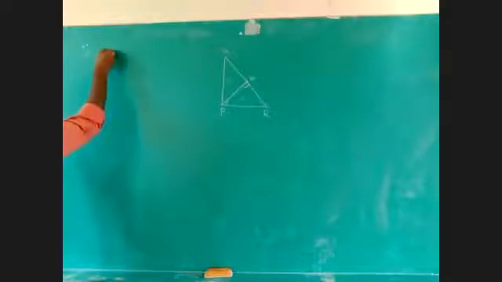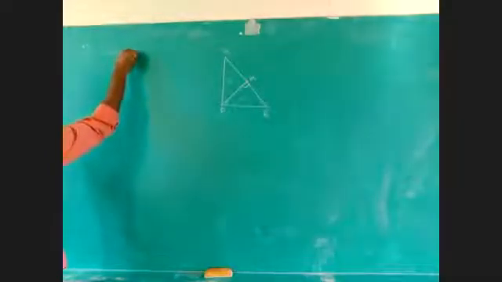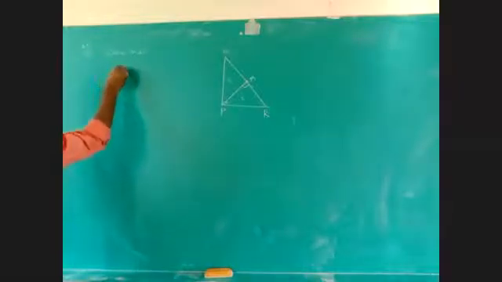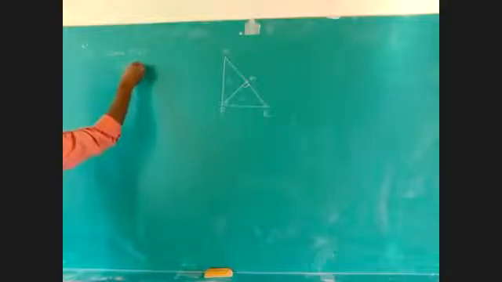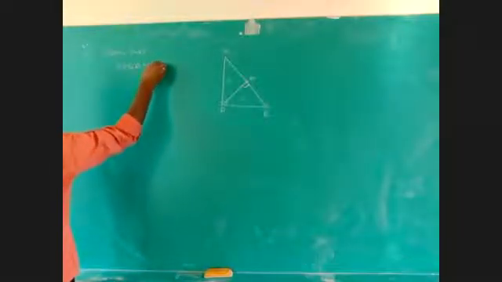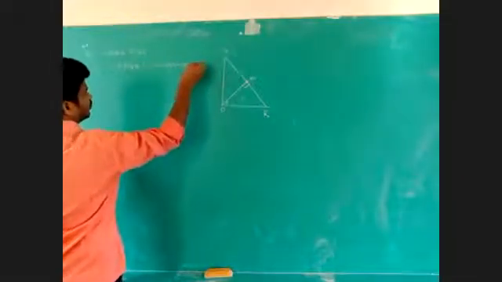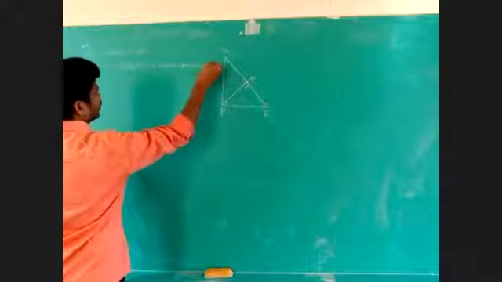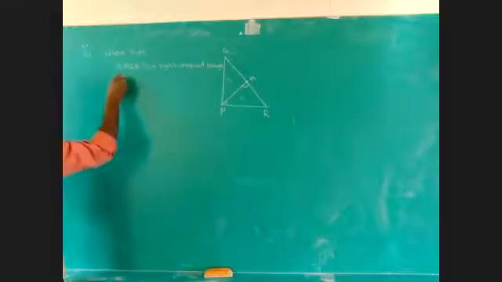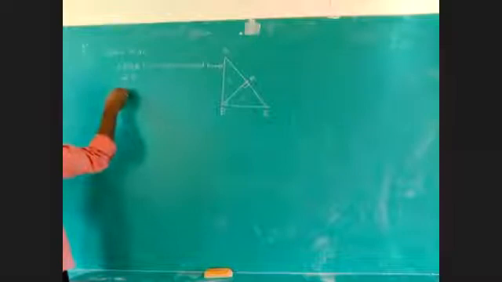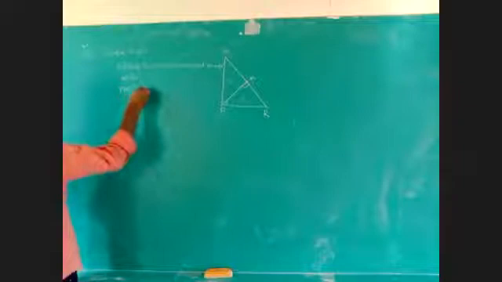Given that triangle PQR is a right angle triangle, right angle at point P. And also given that PM is perpendicular to QR.